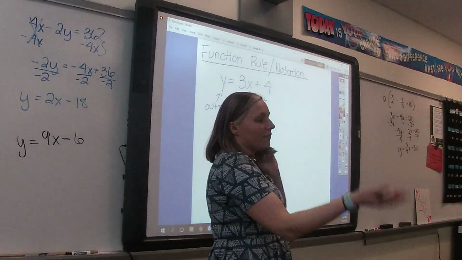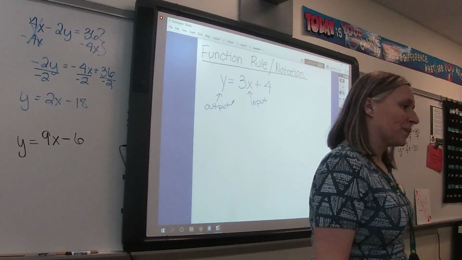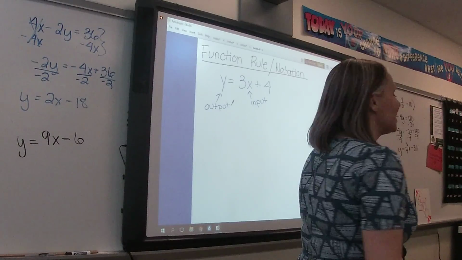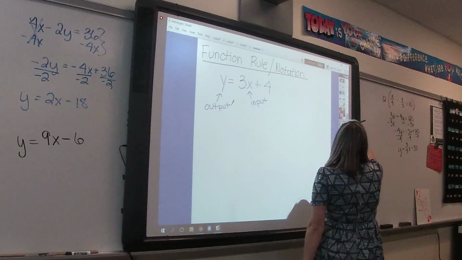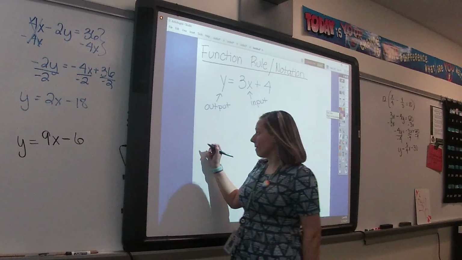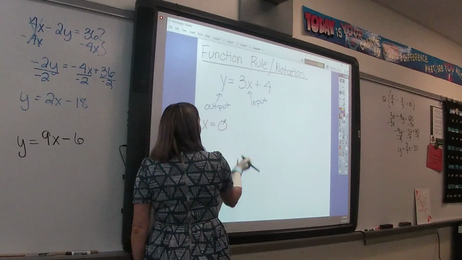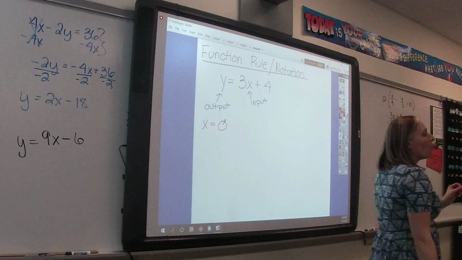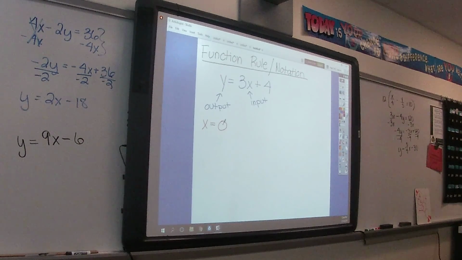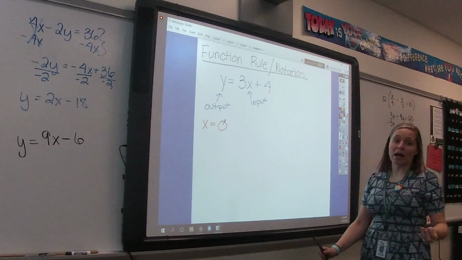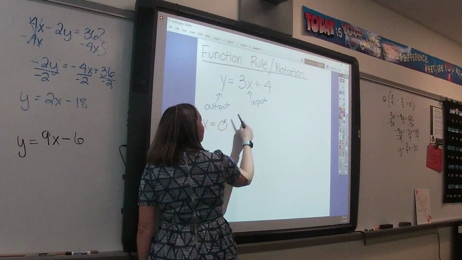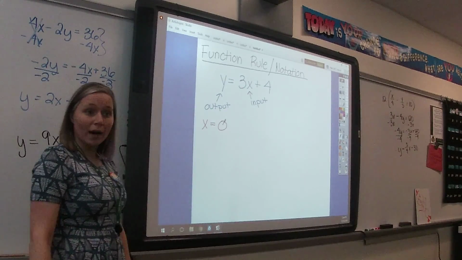Okay, so Gavin, what's your favorite number? 0. Okay, so Gavin says his favorite number is 0. So x equals 0. Gavin wants to know what y value gets paired with 0. We are going to take this x value and plug it in for x.